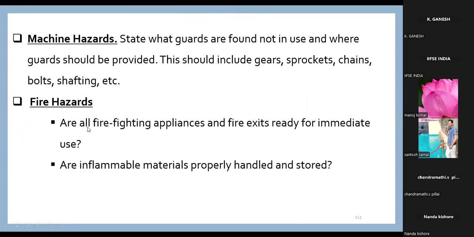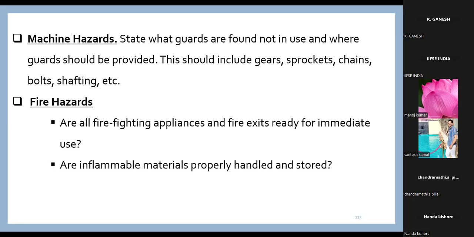Then fire hazards: are all the fire appliances and fire exits ready for immediate use? Are flammable materials properly handled and stored? So in your hazard checklist, these are some of the questions that you ask. You can say the hazard checklist is a type of internal audit. Now, these type of questions, are all fire appliances and exits ready for immediate use?